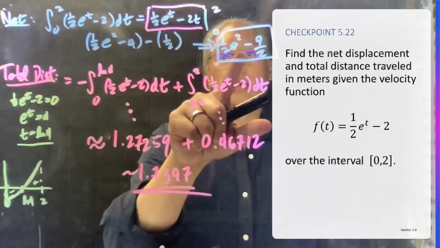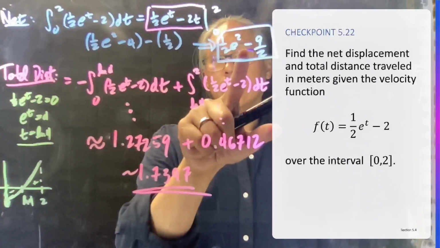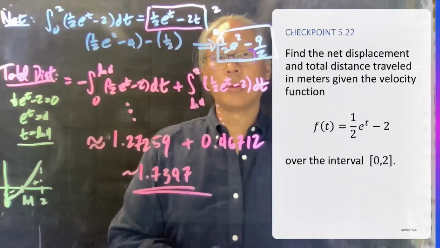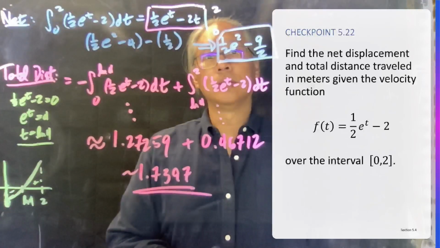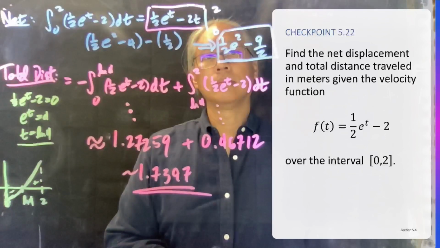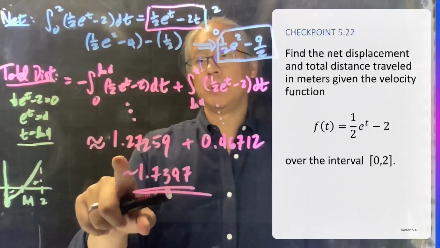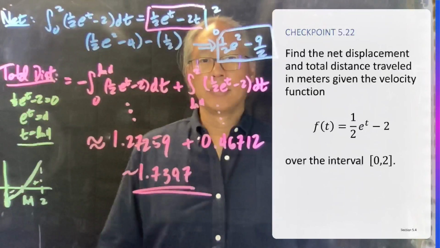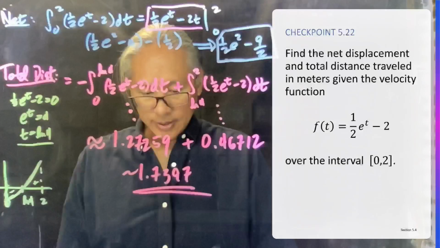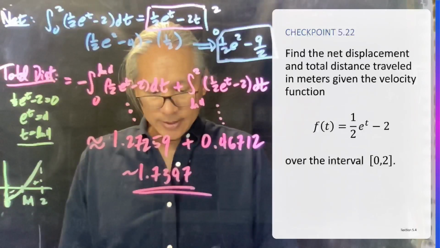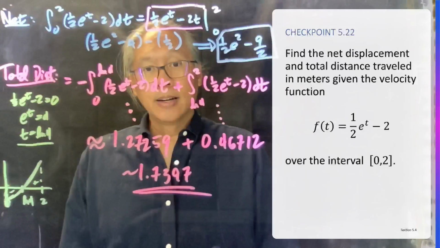And so if you would have plugged this into the calculator, you should probably get a negative value, because this is supposed to be a bigger negative value. All right. I hope that helps.